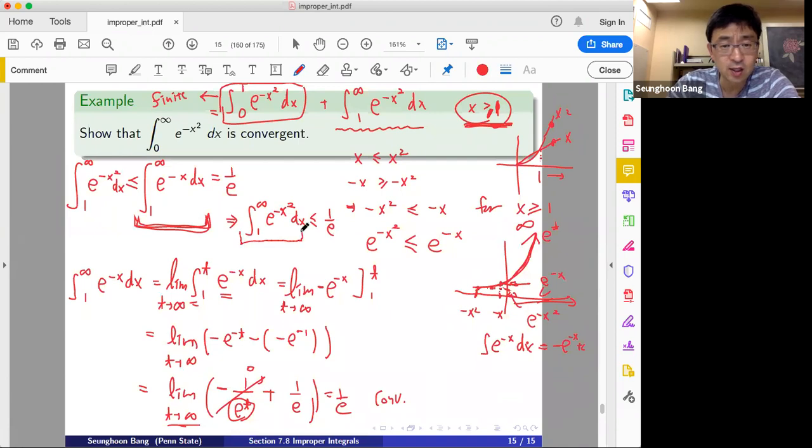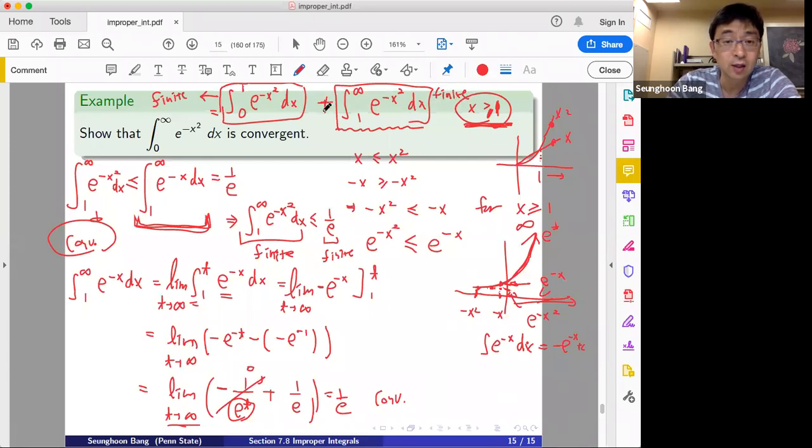So this one is smaller than a finite number. I don't know the exact number, but we know this is also a finite number. So what does it mean? Yes, this one is convergent. We think about here: this is finite, convergent.